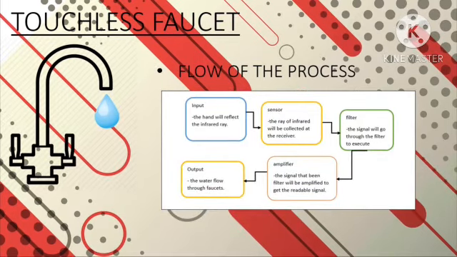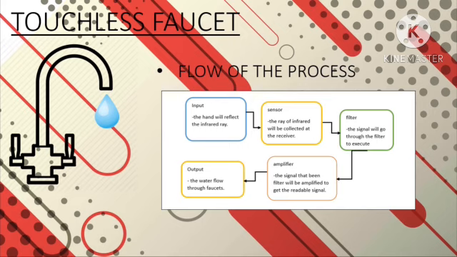Flow of the system. First, the input is the consumer who wants to use the faucet. In the faucet, the infrared sensor is applied to provide the infrared ray. The infrared ray will be deflected by the consumer's hand. The deflected infrared ray will be collected by the receiver of the sensor.